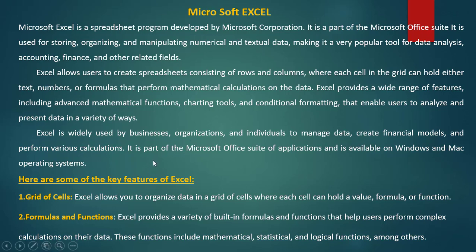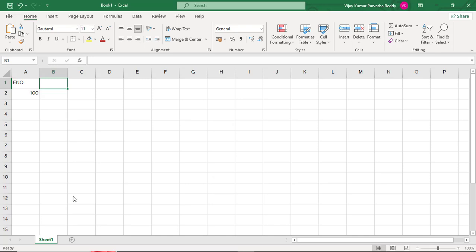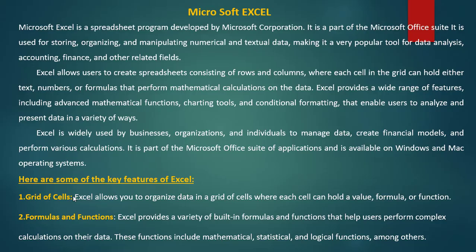Here are some key features of Microsoft Excel. It is a grid of cells. I already said it is a collection of cells. Each and every cell has a separate piece of data or formula or function. So, in each cell we can write data directly, or we can apply some formulas, and we can also use some functions.